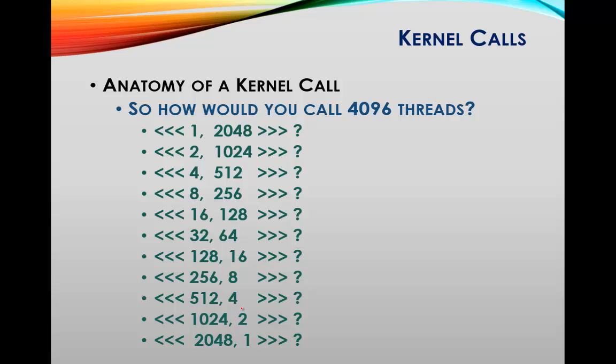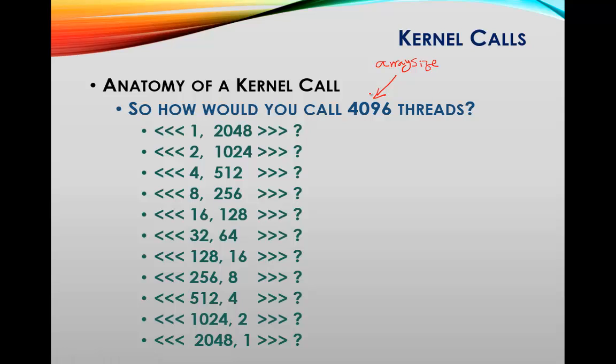So now let's take a look at how we would actually make this call. How would we go about and decide how many threads, how many blocks, and so forth do we need? Let's just hypothetically take a look and see what if our input array size was 4096.